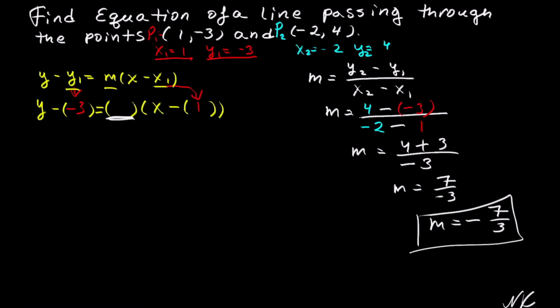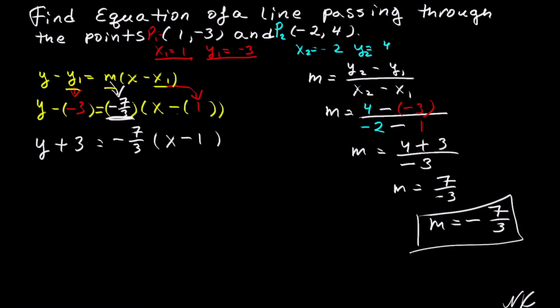Once we calculated the slope, we can plug the value into this equation. So we get -7/3 inside of parentheses for slope. Now we can simplify this equation of a line. We get y minus -3, negative times negative, we get a plus 3, equals -7/3 times x minus 1.